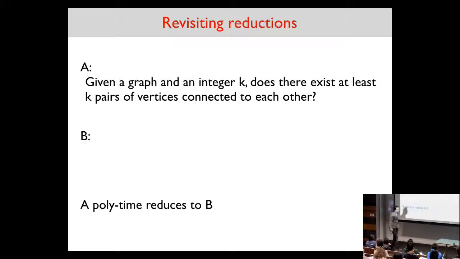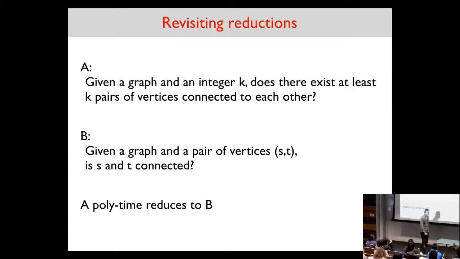The first problem is, given a graph and an integer k, does there exist at least k pairs of vertices connected to each other? And the second problem is, given a graph and a pair of vertices S and T, are S and T connected? Now I claim that A polynomial time reduces to B. Why is that?